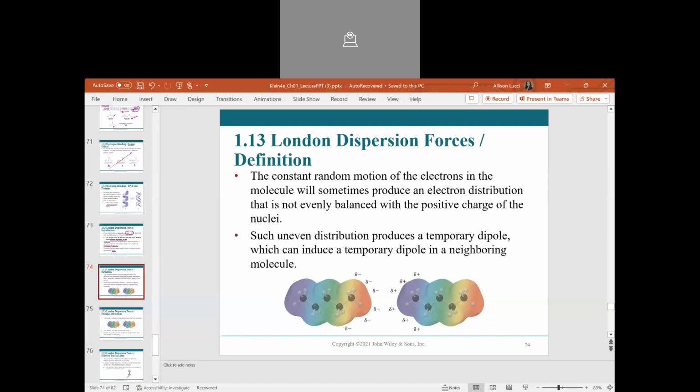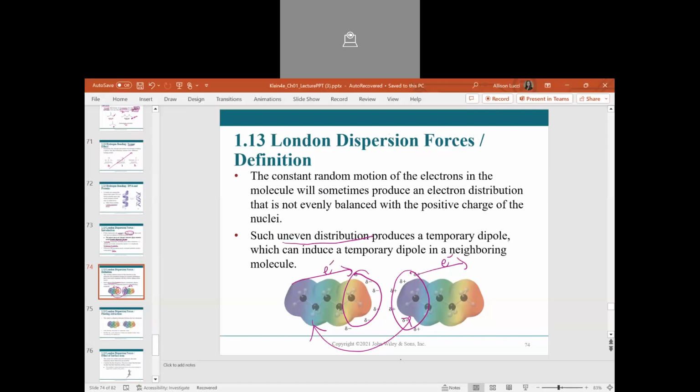So these are two of the same molecules here. Notice that some of the electrons have shifted towards this side, which creates this temporary dipole, this uneven distribution due to induction. And then we have this side of the molecule, the electrons have shifted from. So the electrons are going here, the electrons are going here.